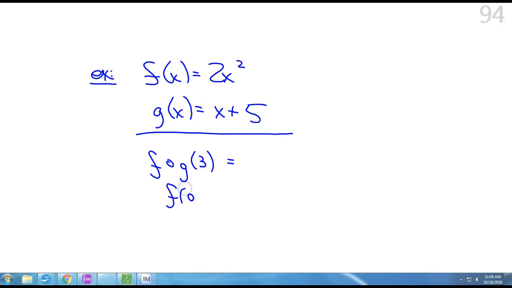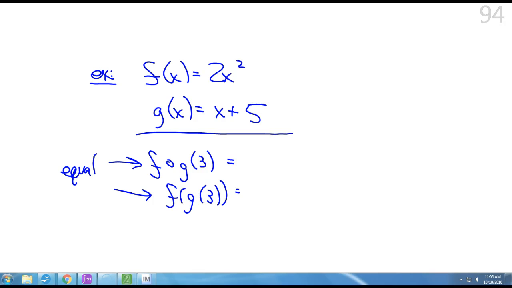That could be written either like this or like this. These are saying the same thing. Equal. Do you remember how to do that?